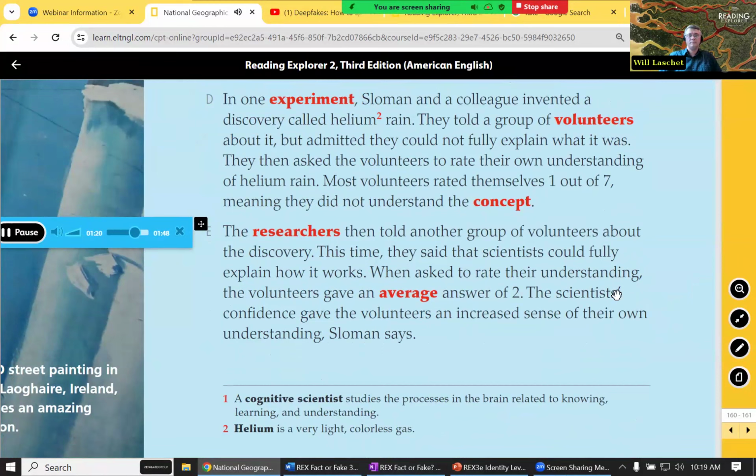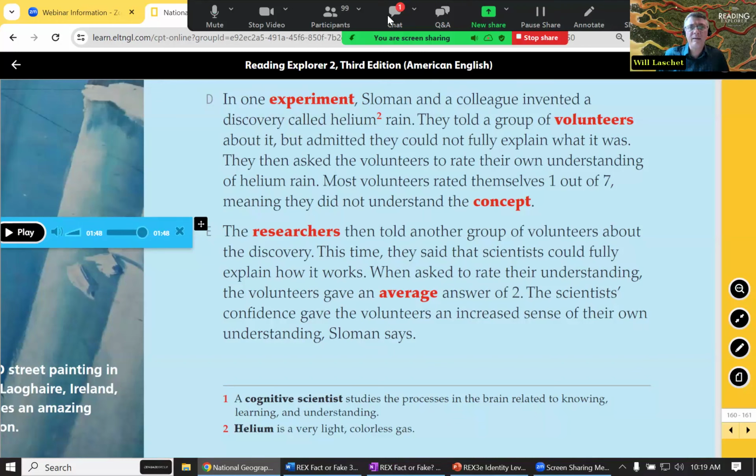Most volunteers rated themselves 1 out of 7, meaning they did not understand the concept. The researchers then told another group of volunteers about the discovery. This time, they said that scientists could fully explain how it works. When asked to rate their understanding, the volunteers gave an average answer of 2. The scientists' confidence gave the volunteers an increased sense of their own understanding, Sloman says.